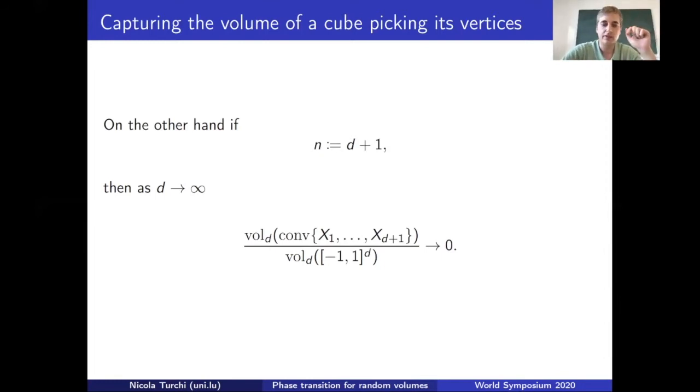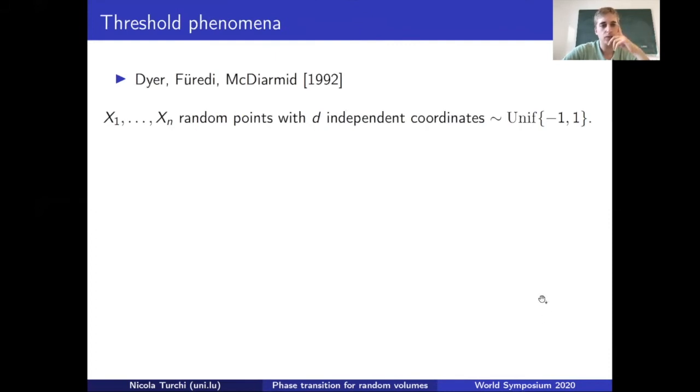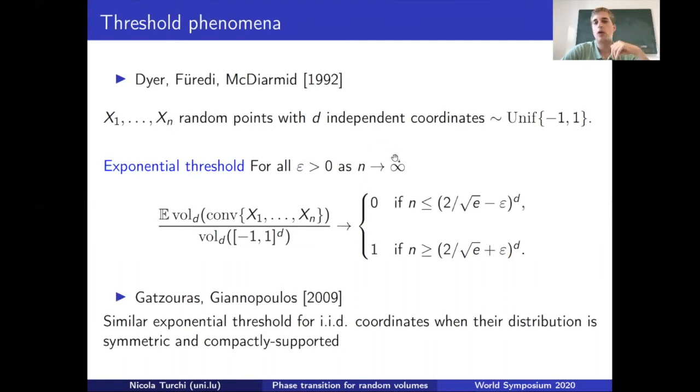And this is exactly the content of one paper from Dyer, Füredi, and McDiarmid in '92 that says that if you have a convex hull formed in the way that I just described, its expected volume is almost the whole volume of the cube, as long as the number of points is more than a certain base with the power of the space dimension.